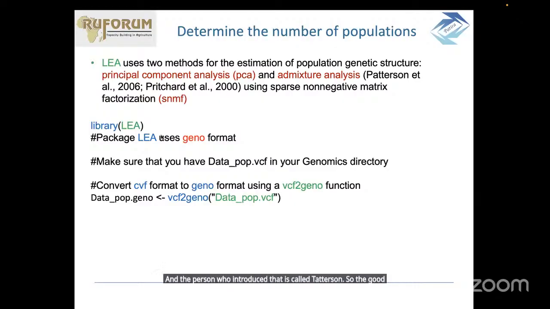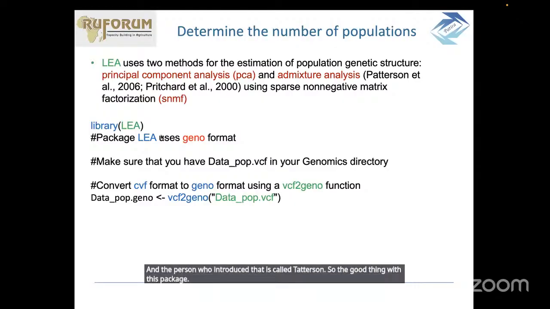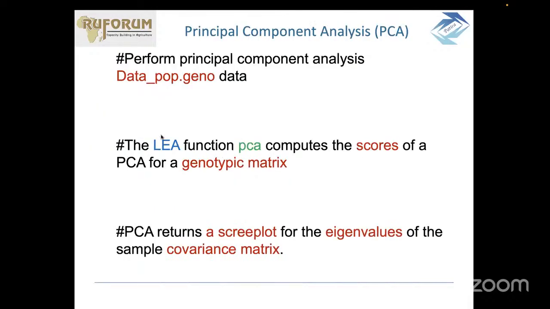The good thing with this package is you can do both principal component analysis and admixture structure. So we're going to run the script for population structure. It's going to give us our principal components and our structure, and then I'll explain what that means, okay?